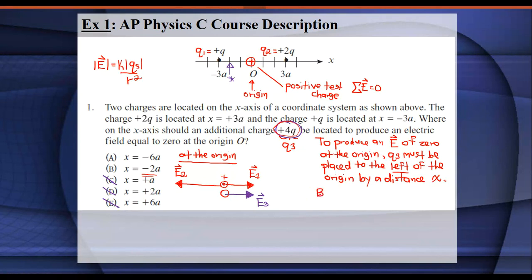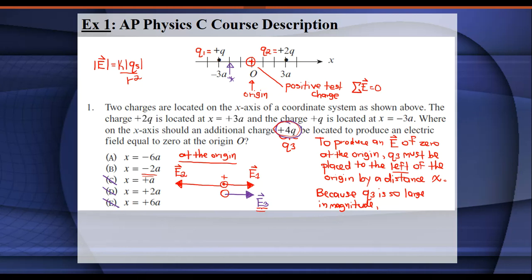So I'd say, because Q3 is so large in magnitude, we need to reduce that contribution. Otherwise, it's going to make E3 too big. So what we need to do is get this thing further away from the origin.